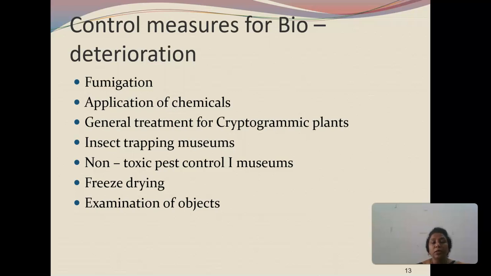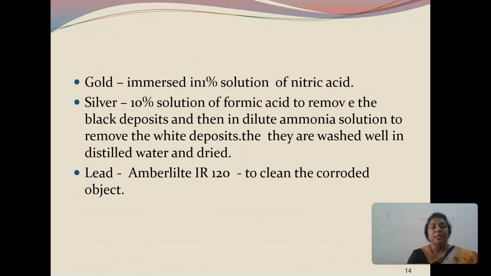There are a lot of measures to preserve. Fumigation is one of the methods. Then application of chemicals and general treatment of plants, insect trapping and non-toxic pest control can be used. Freeze drying can be used, and objects should be examined properly and periodically.